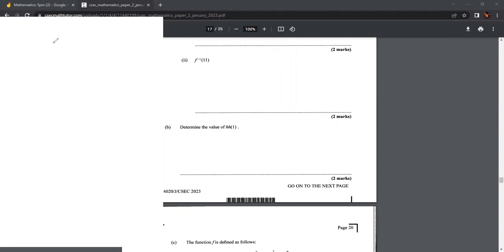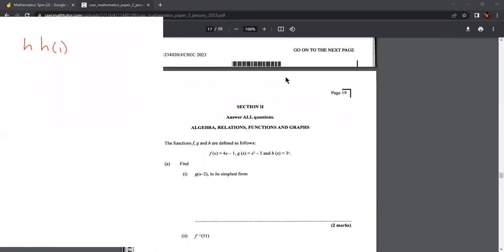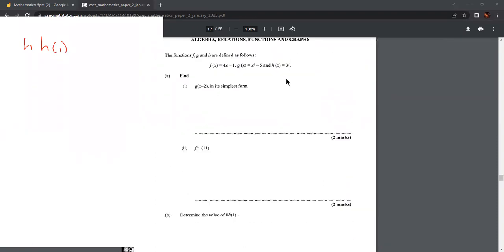So they asked us to determine the value of h of h of 1. Remember, they gave us that h of x is 3 to the power of x.